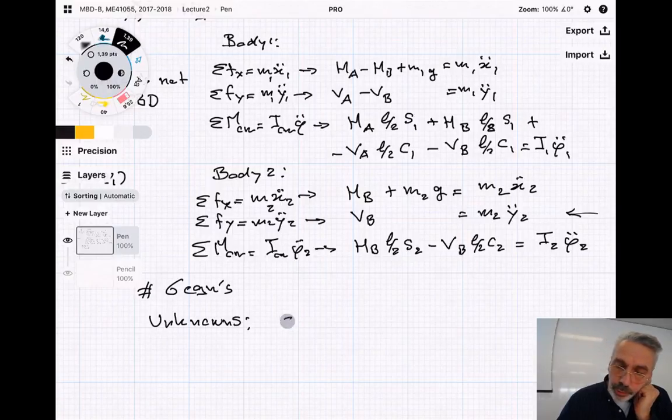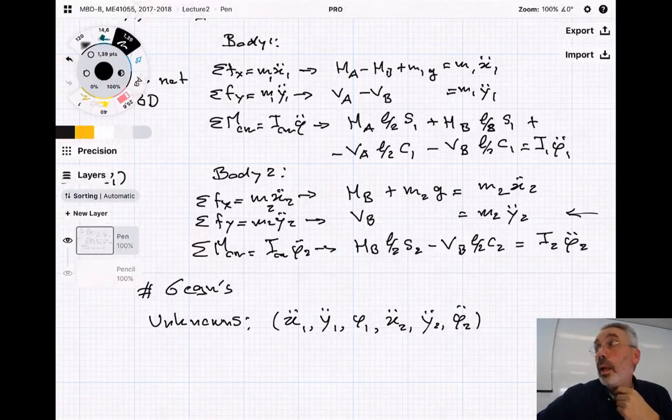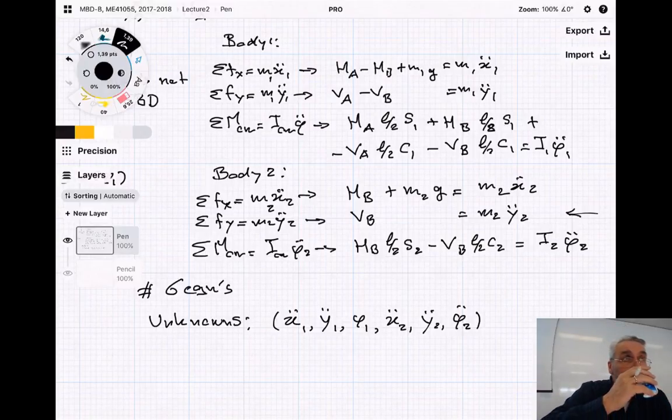We want to calculate what all the accelerations are, right? At the center of mass, 1, 2. And what about the joint forces? Are they known or unknown? Unknown, eh? I have no clue what they are. I have to calculate them.